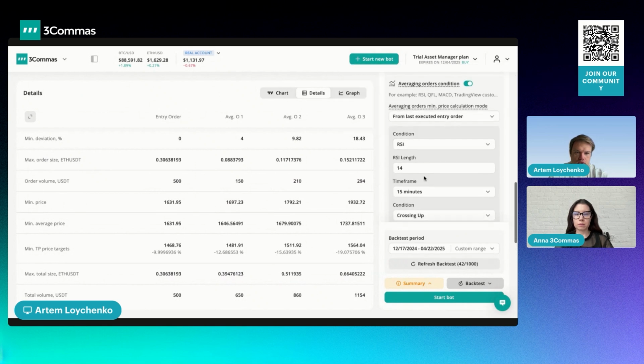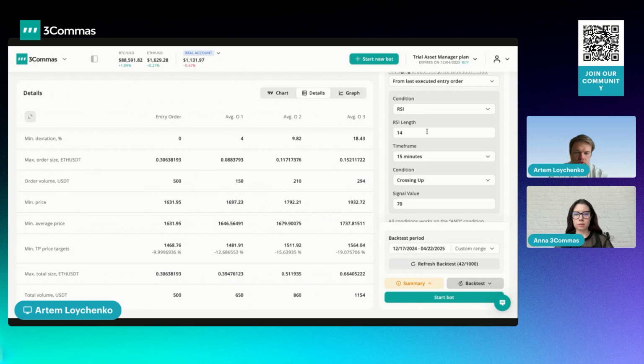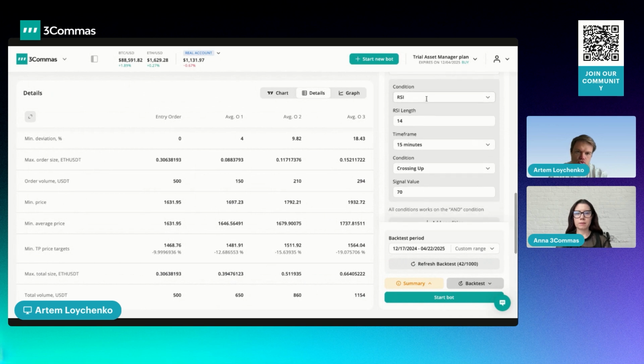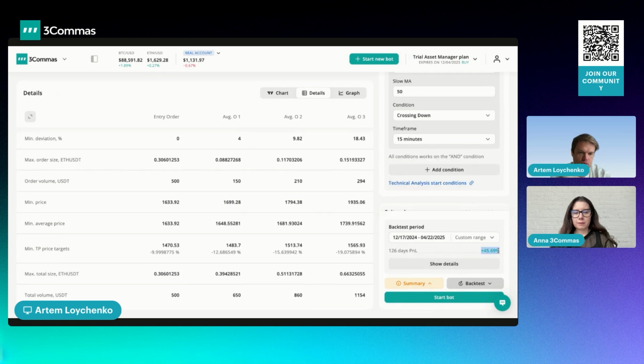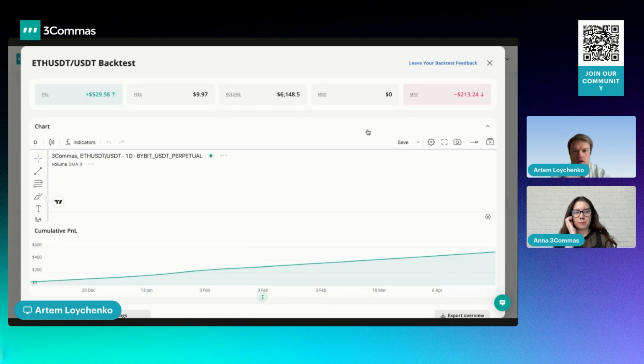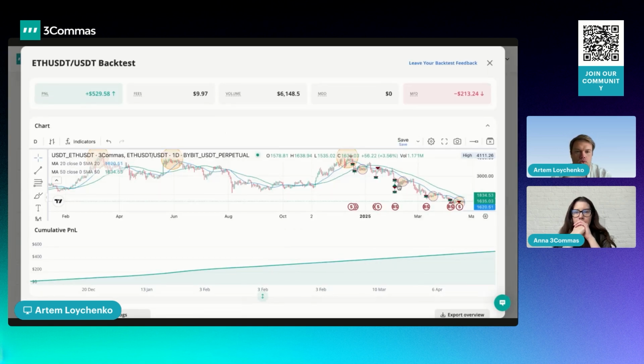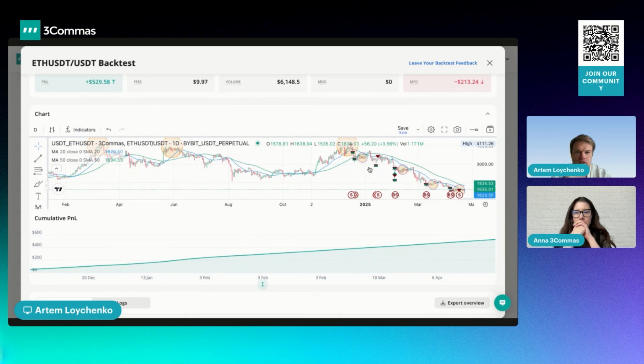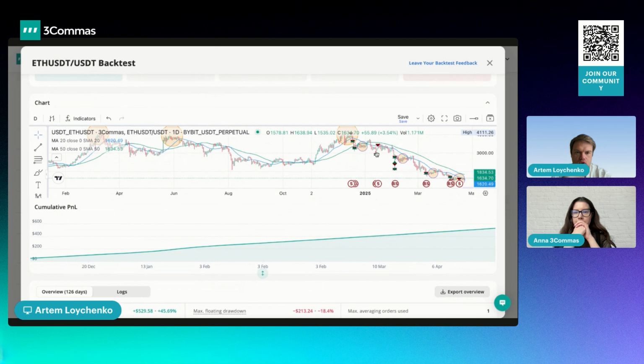For the averaging condition, I tried RSI, but I don't really trade it much, so I will switch to moving average. You can see the profit is almost twice as low. Let's see why it happened. I can see just from the chart that we didn't have a lot of trades.